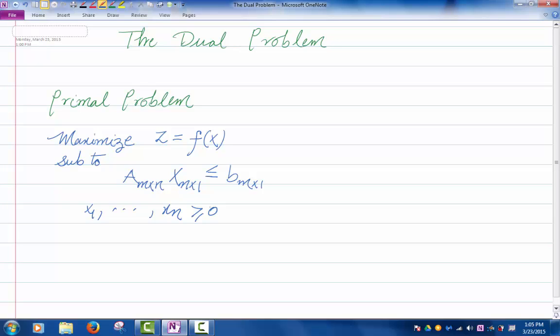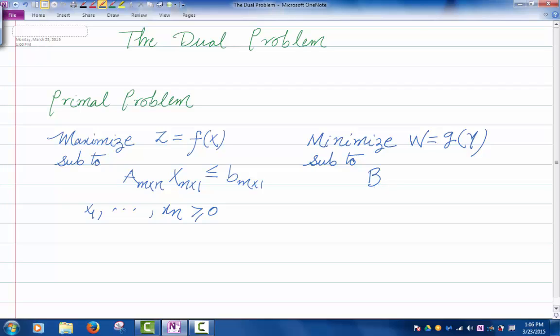And now, associated with a primal problem, there is a dual problem. In the dual problem, you are minimizing a certain objective function w, which I'm going to call g of y, subject to constraints, which I'm going to express with a matrix B. In the primal problem, the matrix dimensions are m by n.